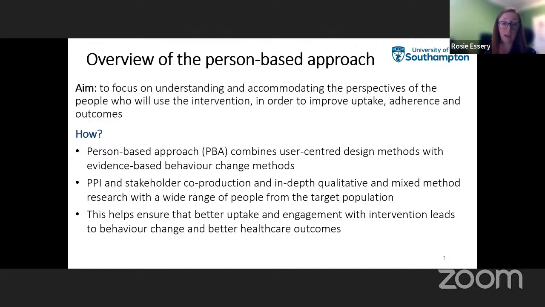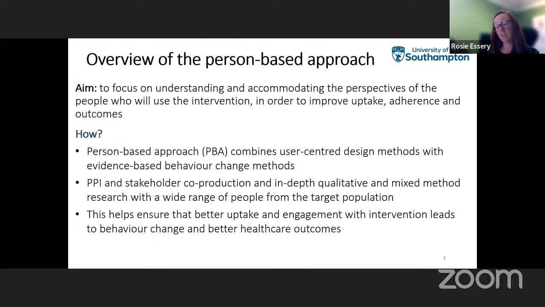So these are more from behavioural science disciplines, to ensure that relevant theory and evidence is informing and underpinning our interventions. And then really importantly, it also draws on very in-depth qualitative understandings of our target users to make sure that our intervention's messages are persuasive, relevant and engaging.